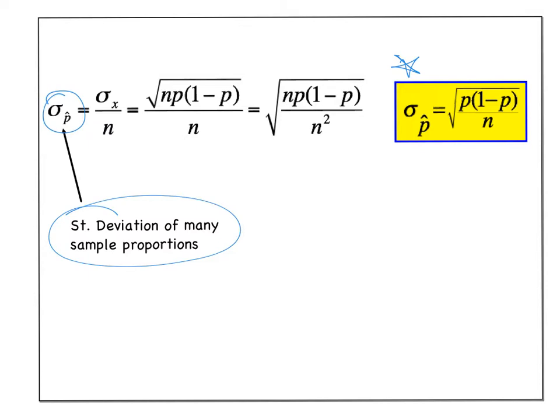So if I want the standard deviation of my sample proportions, I'm going to take the square root of P, again, P was the population proportion, times 1 minus P divided by n. And n is, again, the sample size. You will be given those two pieces of information.